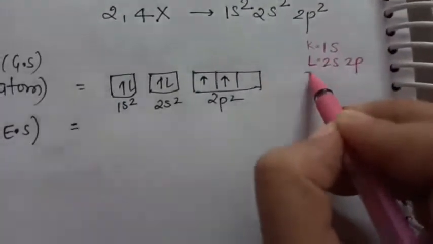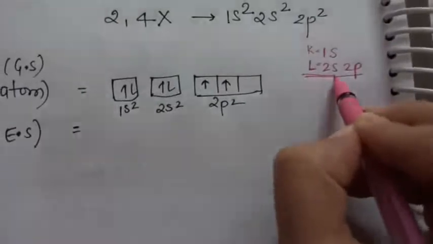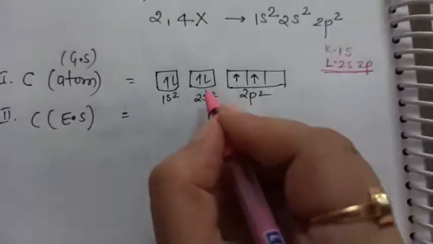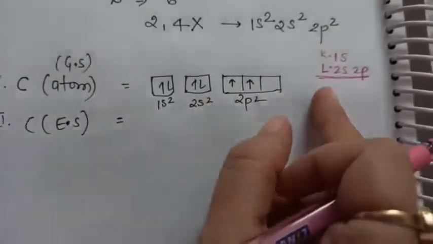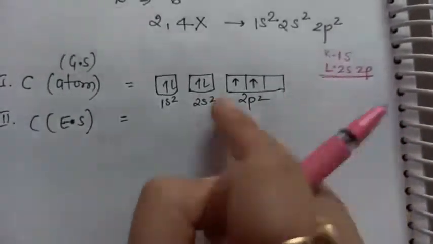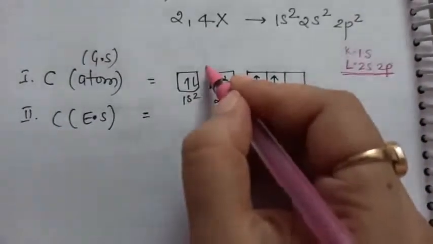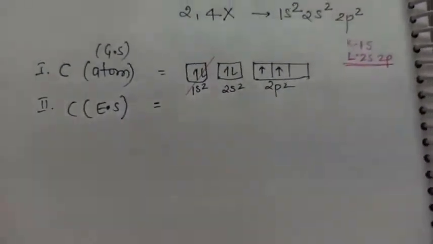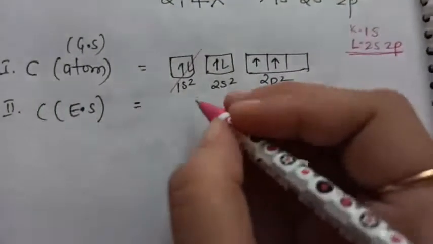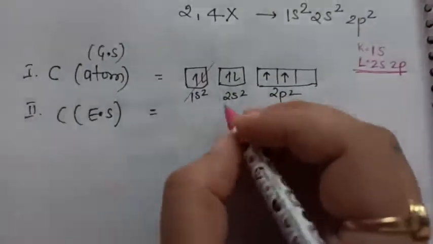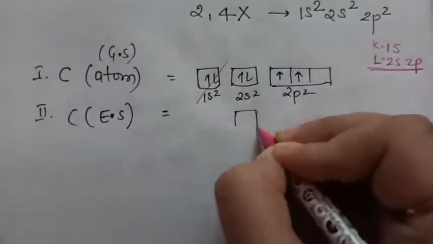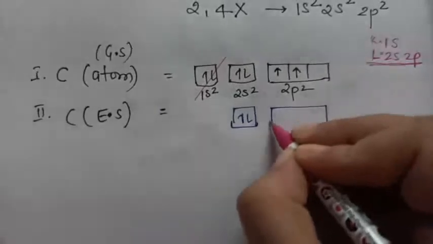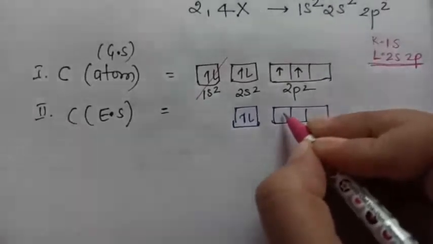So which is the outermost shell? The L shell, having the orbitals 2s and 2p. So only the outermost orbitals in the last shell will participate. It means in the bond formation 1s2 will not participate. So either don't draw it so that you don't have confusion, or if you are drawing it, remember that it is not going to participate. So I will not draw it so that there is no confusion. Okay. So 2p2 is like this.